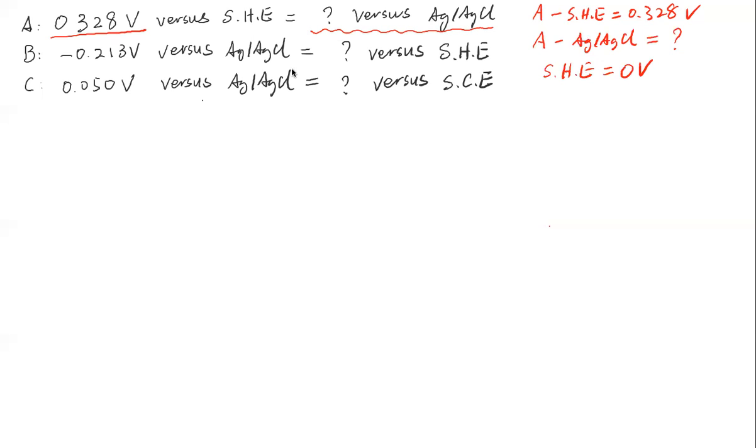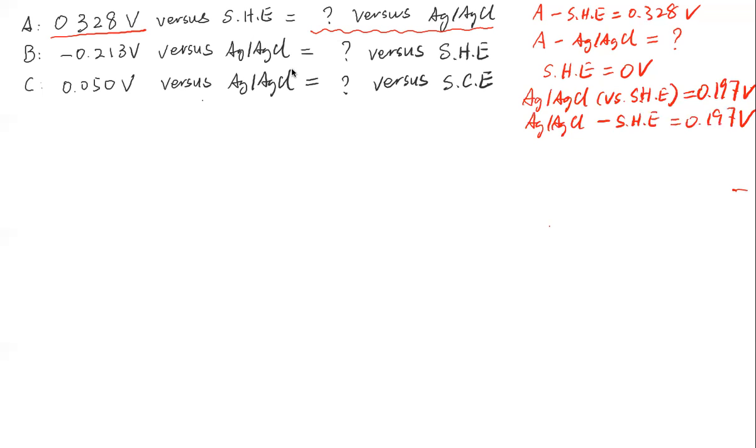And we say that silver chloride has a known fixed potential of 0.197 volt, using SHE as reference. Which means that silver chloride minus SHE is 0.197 volts.